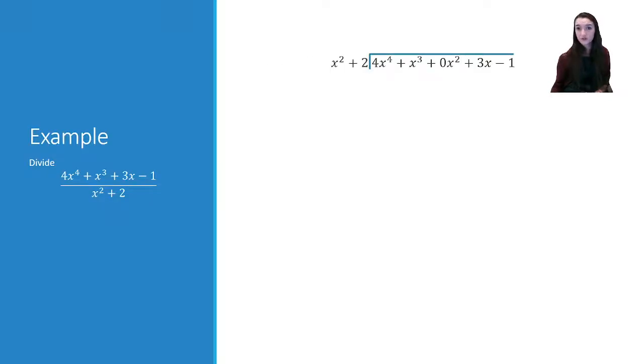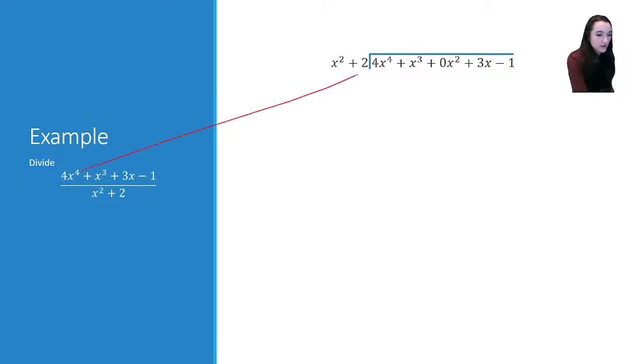Now let's go through another example. Here I have (4x to the fourth plus x cubed plus 3x minus 1) over (x squared plus 2). In this case, we want to notice that when I wrote out the actual long division, I added something that isn't there in the original written form.